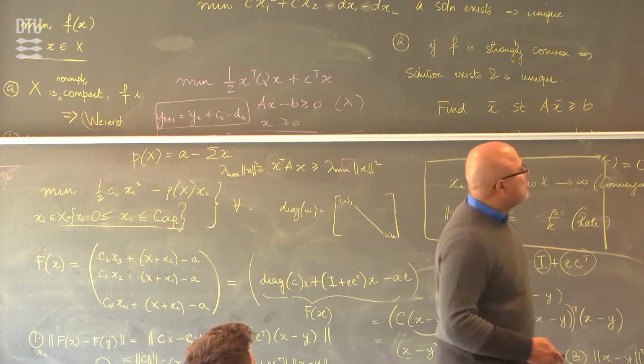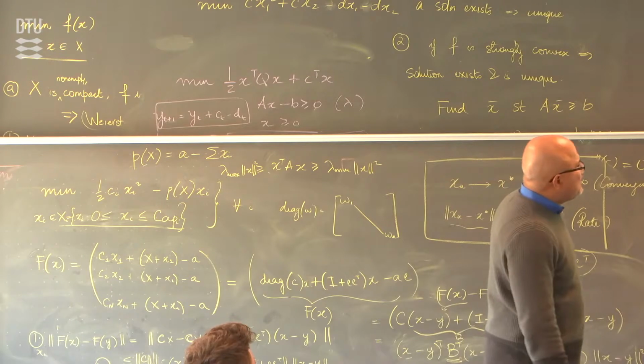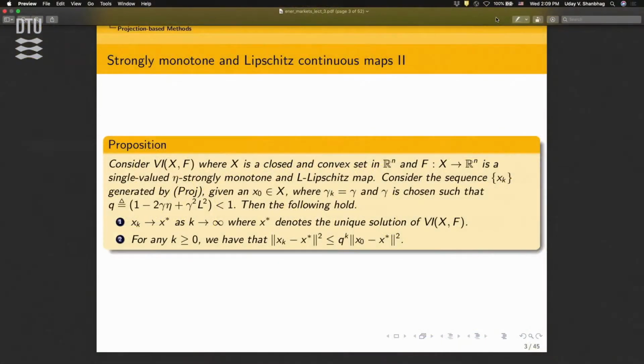So our first result is: if the set X is closed and convex, I don't need compactness, and F is a single valued strongly monotone Lipschitz continuous map, I'm going to consider the sequence given by that projected update.